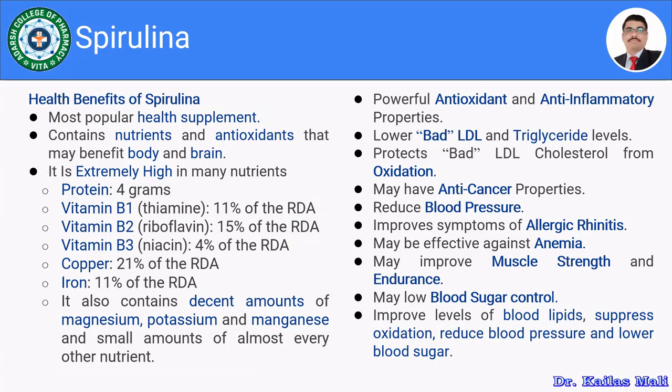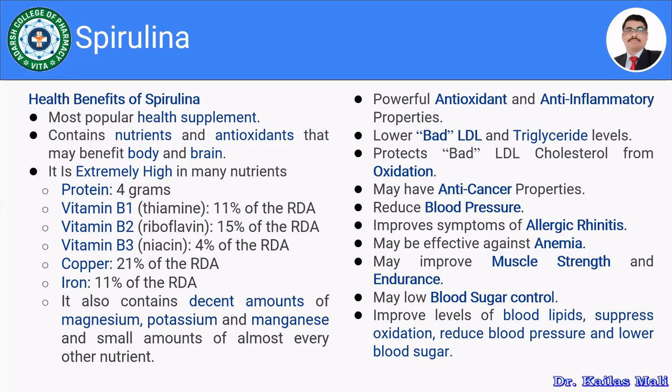It is the most popular health supplement, and it is widely used in cancer patients to provide nutrients. It contains nutrients and antioxidants that may benefit body and brain, maintaining a healthy body as well as a healthy brain.